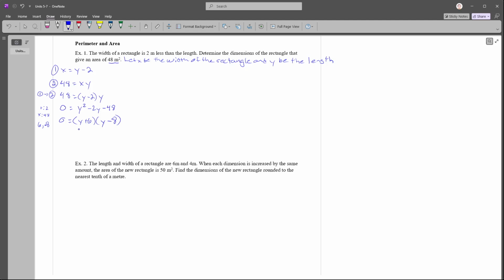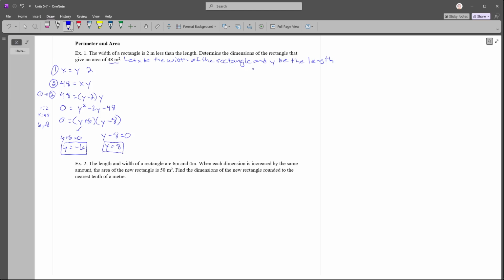Now we need to solve. So for each one of these, we have y plus 6 is equal to 0, which means y is equal to negative 6. And then over here, we have y minus 8 is equal to 0, which means y is equal to 8. Now, what does y represent? Y represents the length.